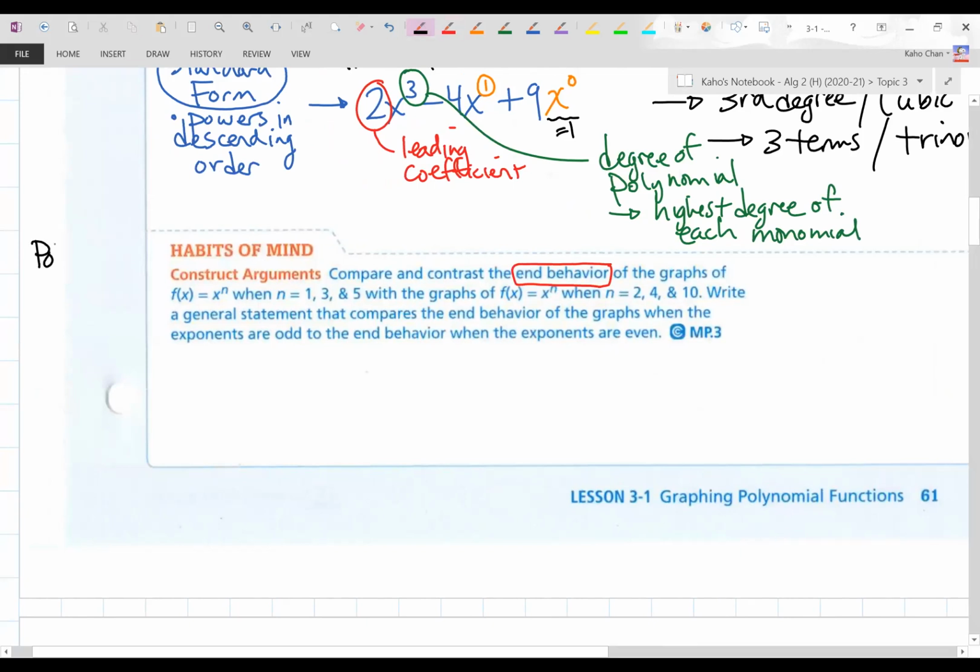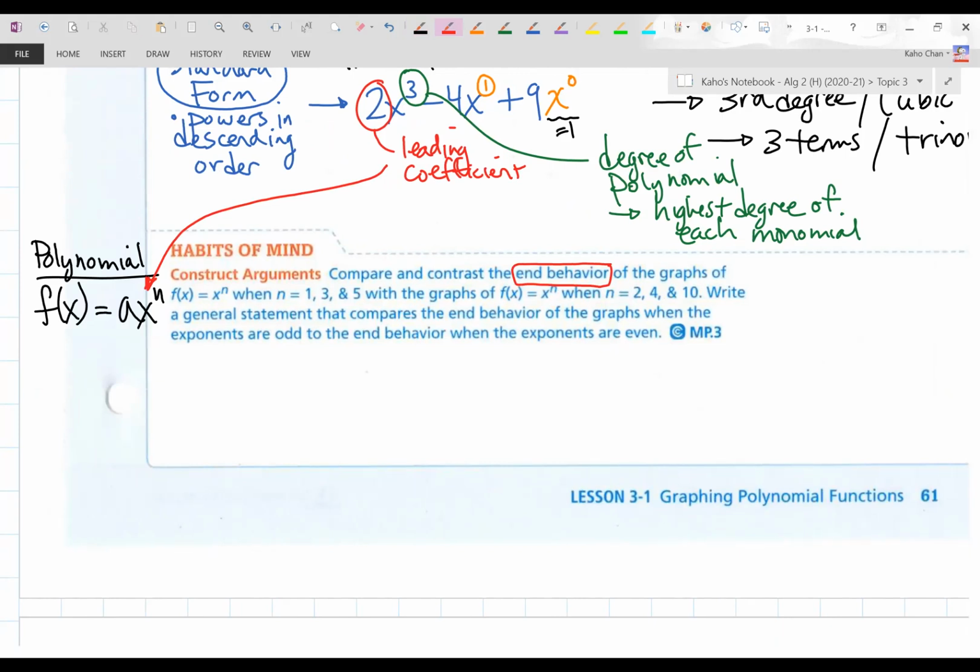A polynomial, generically, is in the form of f of x equals ax to the n power. We only care about the leading coefficient and the leading term. We don't care about the other stuff when it comes to end behavior. End behavior is referring to how the graph behaves to the left, negative infinity, and to the right, positive infinity, and whether it's rising or falling, and that's what we're going to explore.